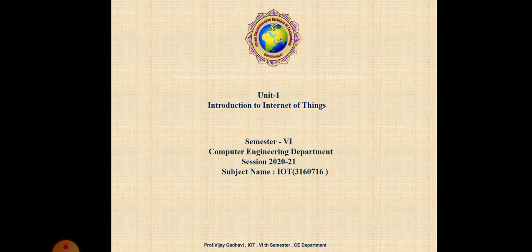In unit number 1, we learn Introduction to Internet of Things, in which we cover application areas of IoT, basic characteristics of IoT, things in IoT, then IoT stack, enabling technologies, IoT challenges, IoT levels, IoT and cyber physical system, then IoT and WSN.